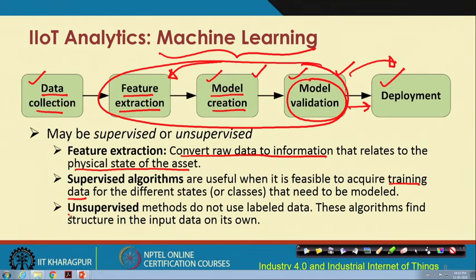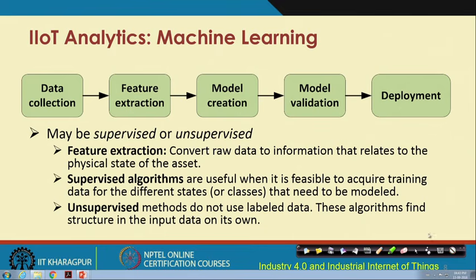If training data is not available and if the feature extraction will have to be done in the absence of training data, unsupervised machine learning algorithms are useful. So, there is no labeled data in unsupervised methods, and these unsupervised learning methods basically extract the structure in the input data on their own. So, this is the main difference between the supervised and the unsupervised learning methods.